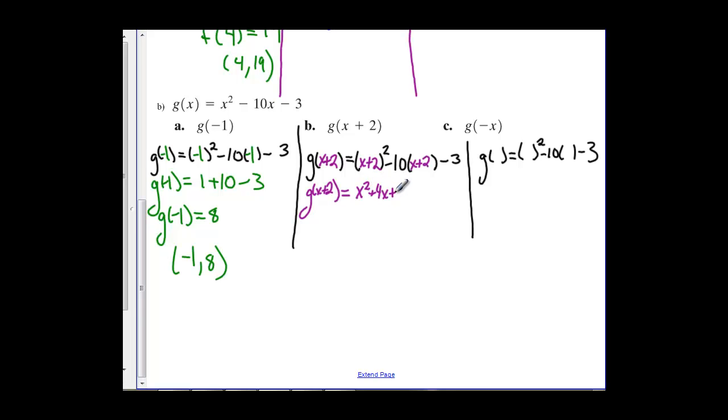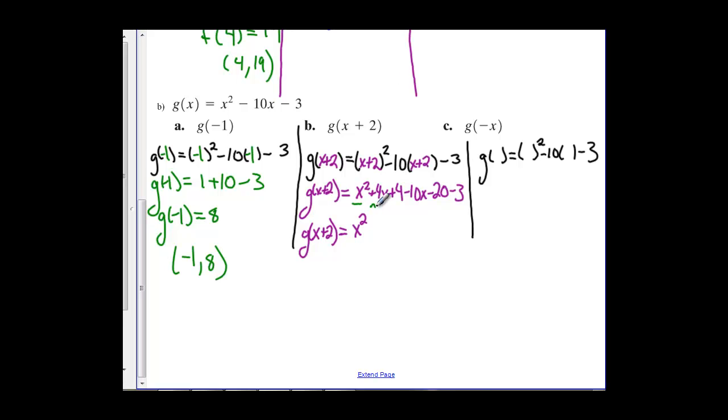And then whenever you distributed that negative 10, minus 10x minus 20 minus 3. All right, and then we're going to simplify, so we're going to put together like terms. So g of x plus 2 equals, what's my first term? x squared.